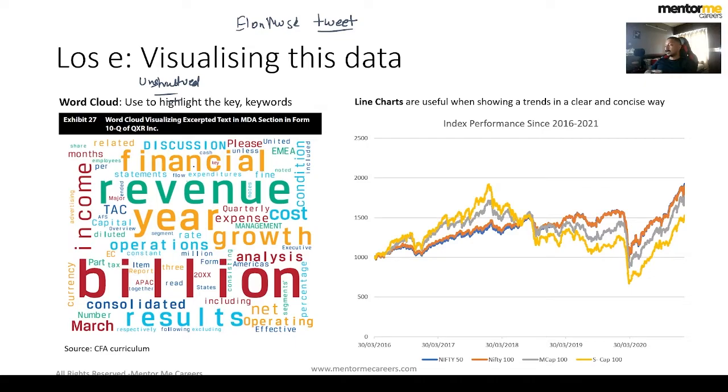Excel does not really have a word cloud, but there are other applications like Tableau and Power BI which can be used to create word clouds, and also a lot of cloud-based solutions. But from an analysis perspective, this has limited use.